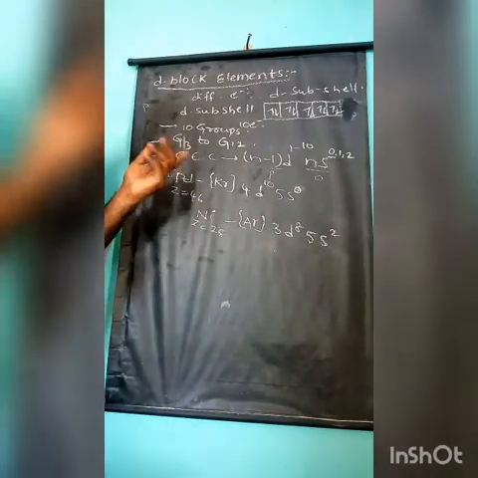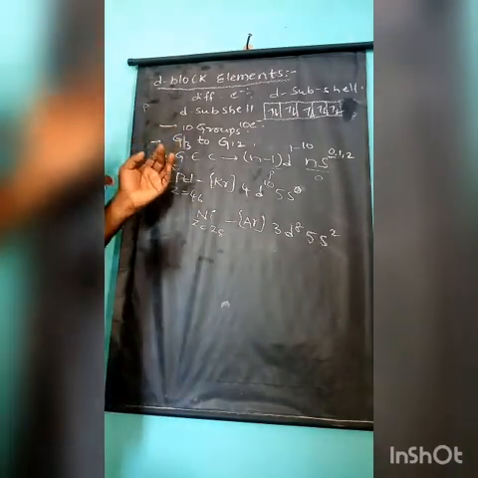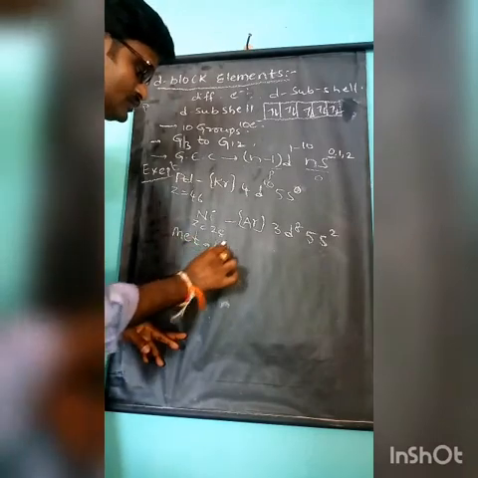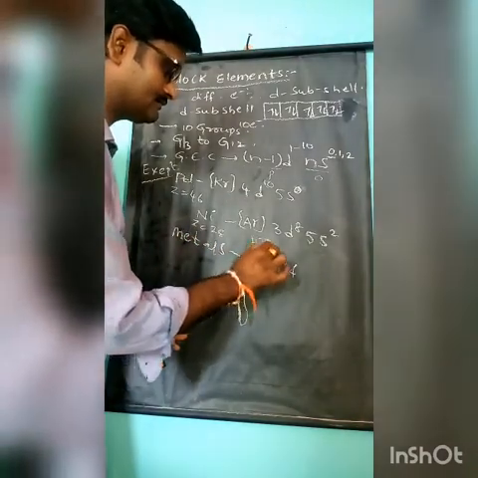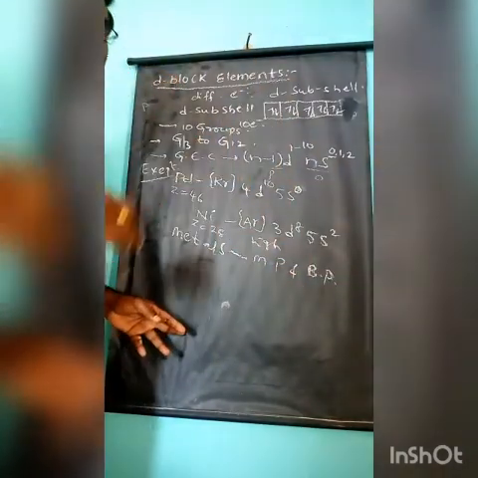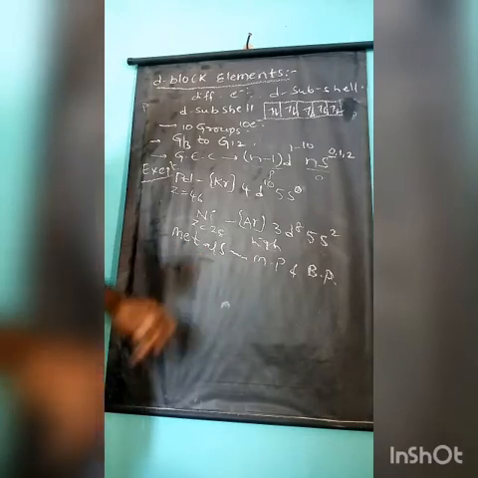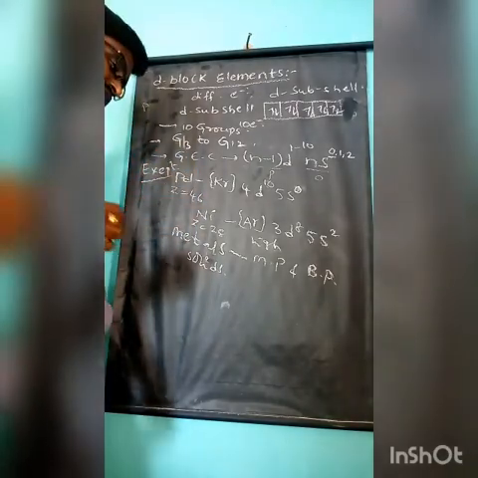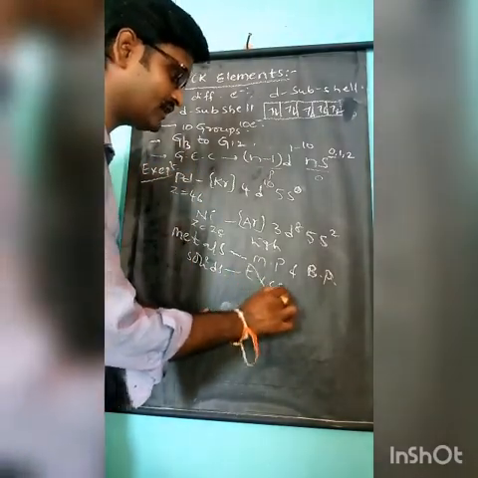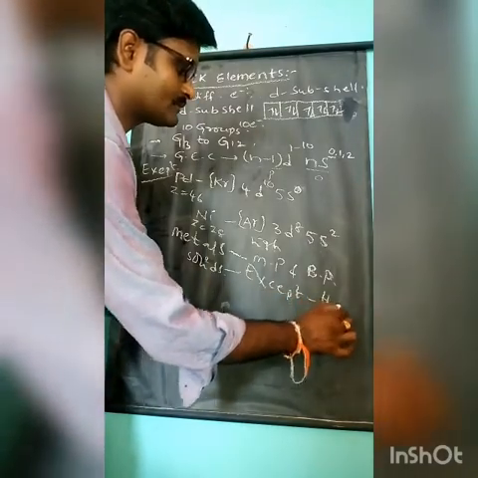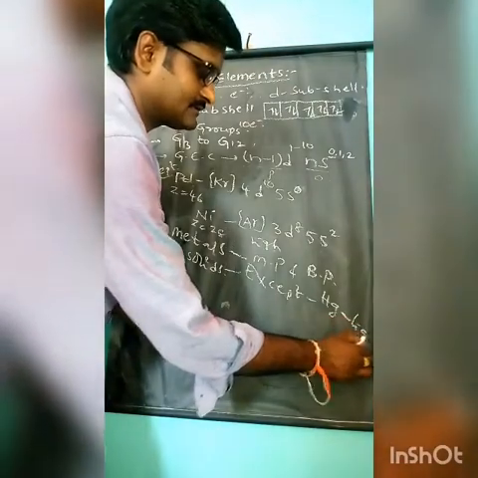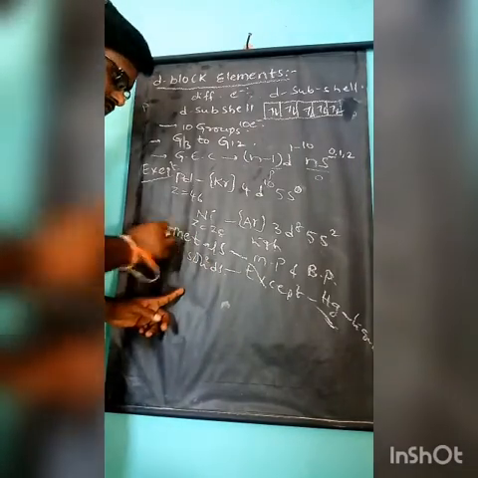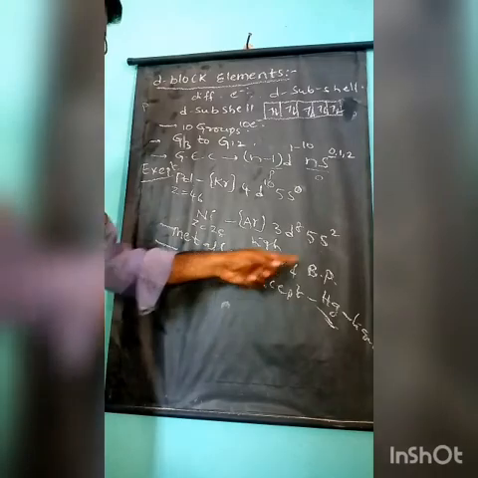D block elements are mostly metals with high melting points and boiling points.